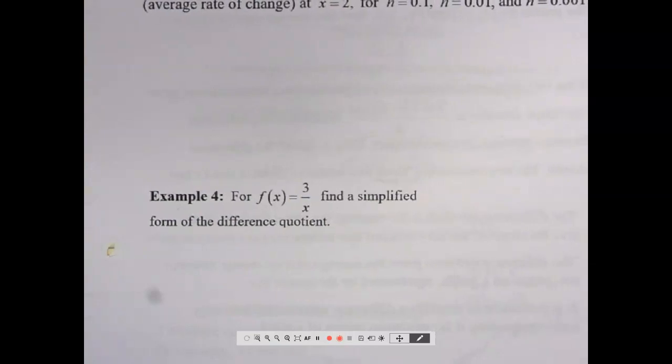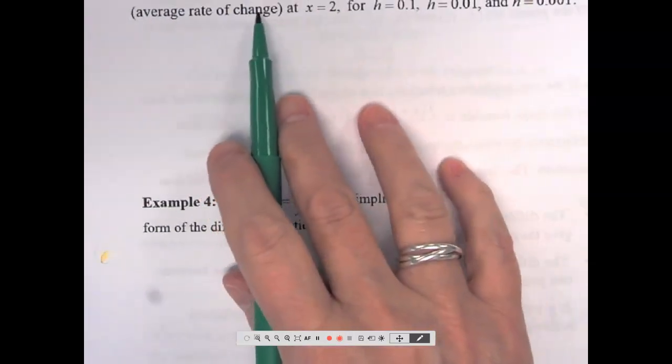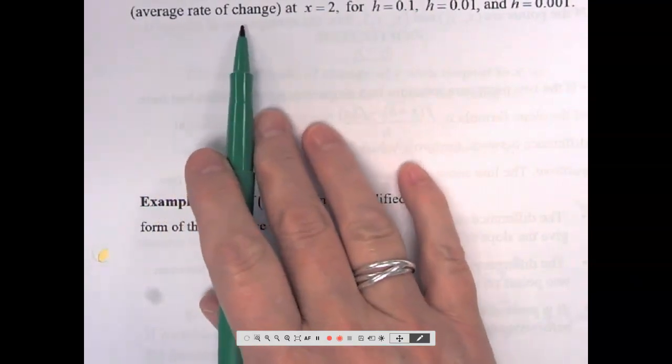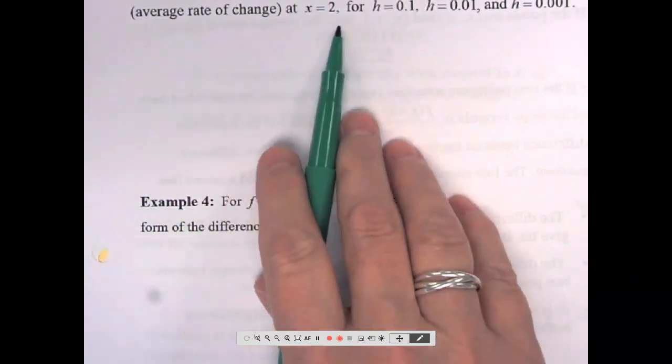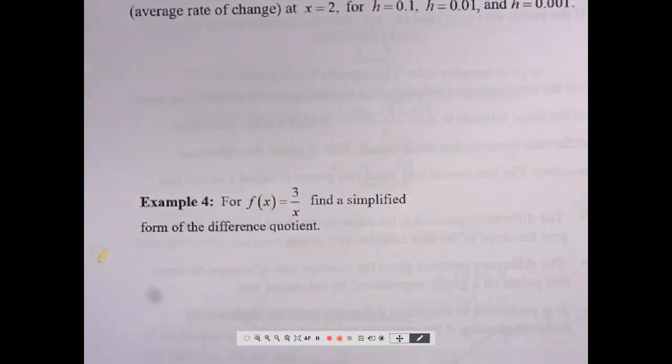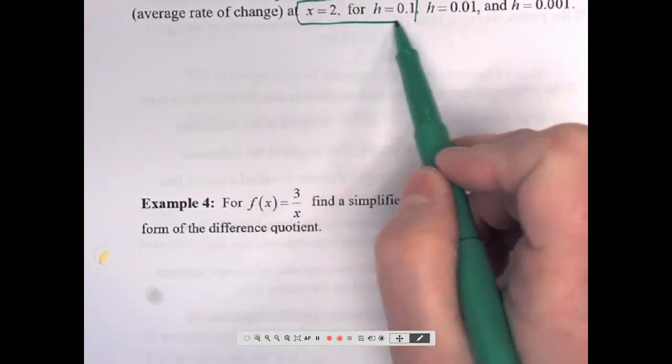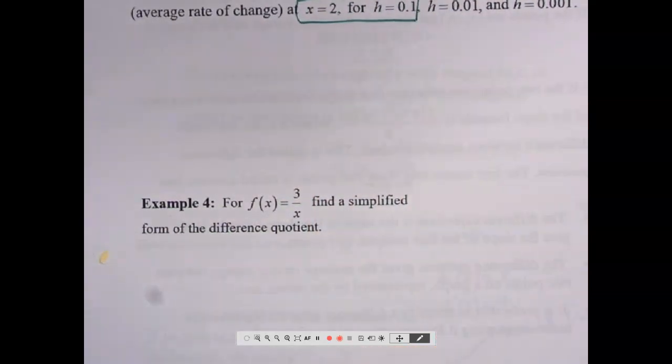Okay, so this says now use the result that we got to calculate the slope of the secant line, average rate of change, for these values right here. We're just going to do one of them. Let's just do the first one so that we don't run out of time.